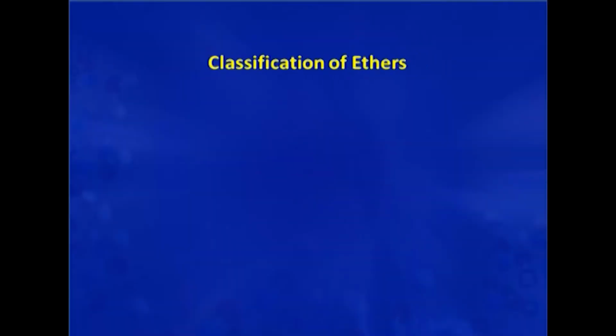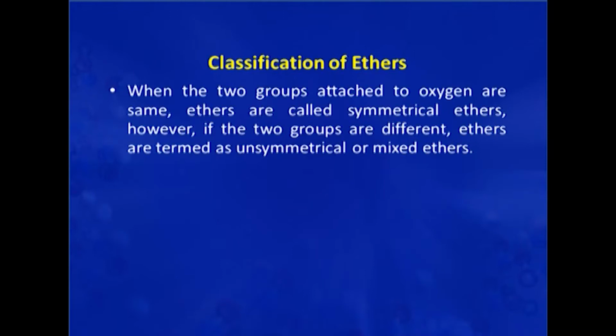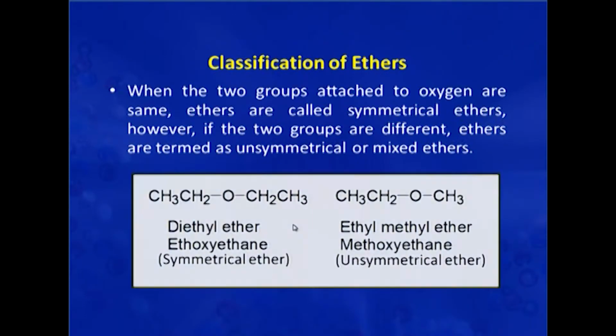We will now discuss the classification of ethers. Classification means how many different classes we can divide ethers into. Since we know that ethers are molecules in which 2 alkyl groups are attached together through oxygen, the general formula for them is ROR.